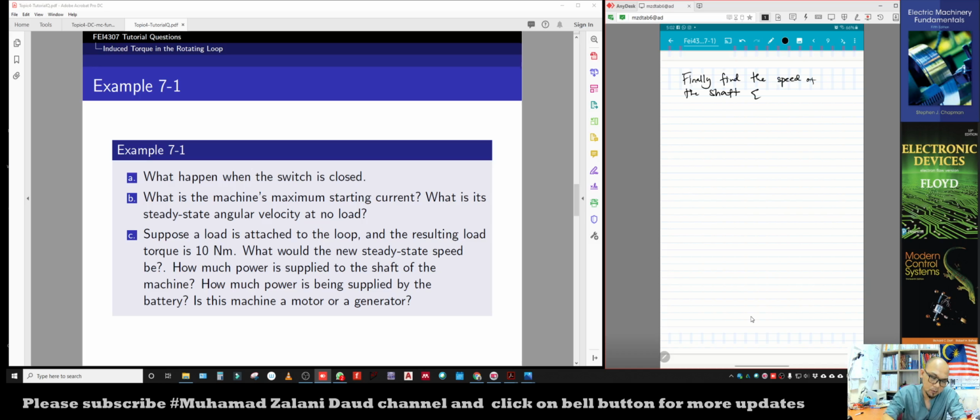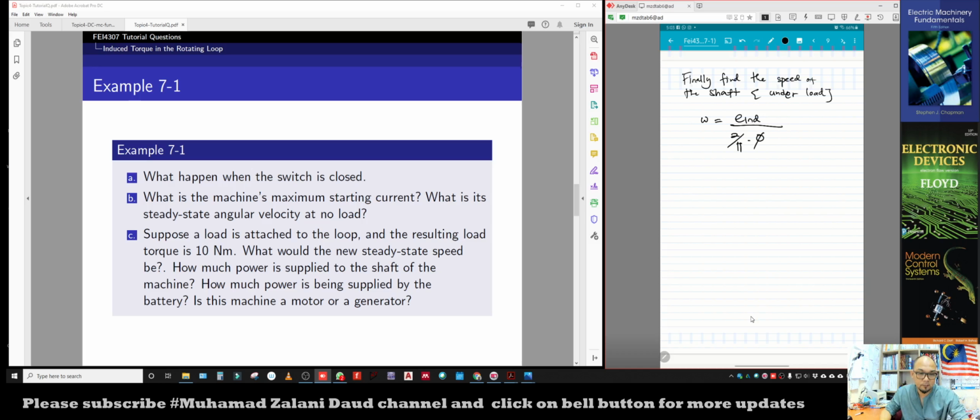This is the situation under load. Under load condition, we can find the new steady state speed, which is omega is E in over 2 over pi phi.